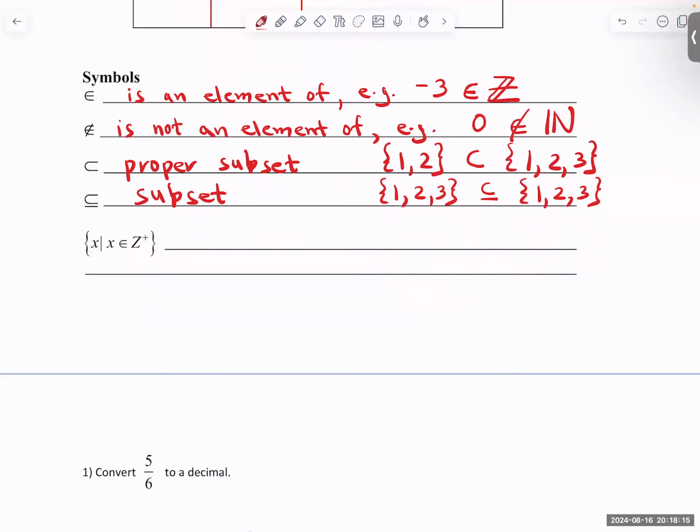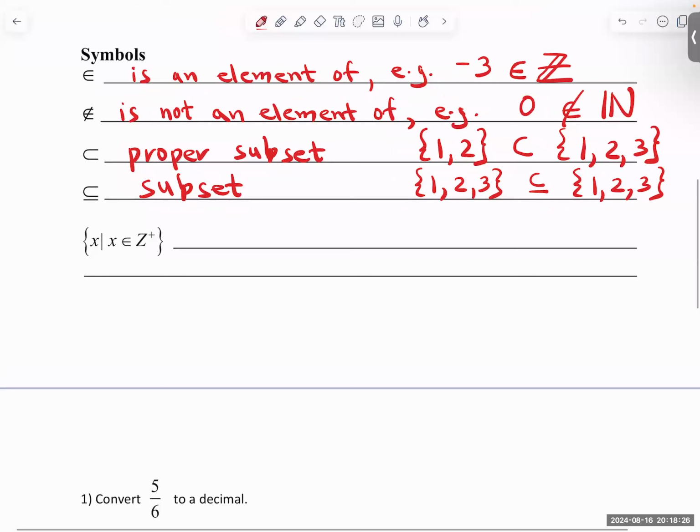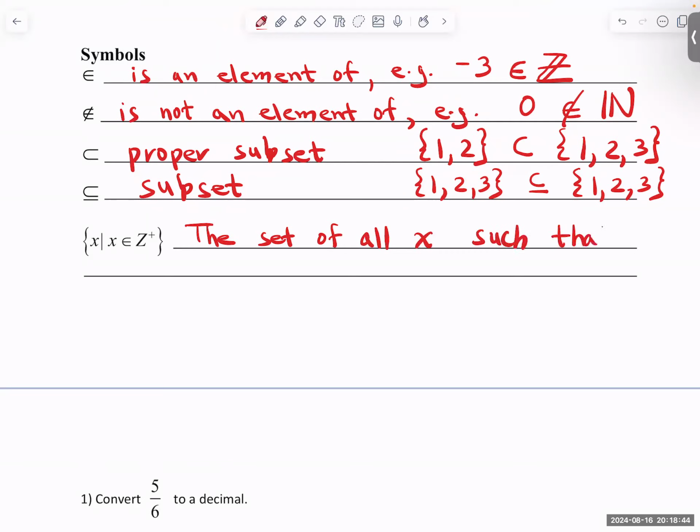The next problem is kind of like a translation. To translate the set of all x, there's a vertical bar that means such that, x is an element of the set of positive integers. So this means the set of all x, such that x is a positive integer.